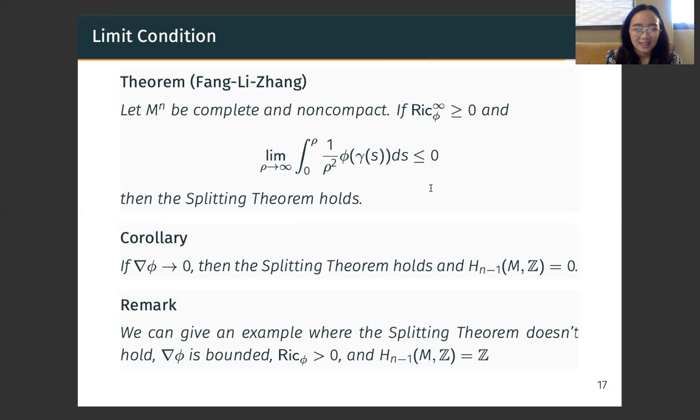And then I have this remark that we can give an example where the splitting theorem doesn't hold and grad phi is bounded and the Ricci phi infinity is positive and the n minus 1 integer homology is Z. So this example is long, which is why I don't have it listed, but we can give this example.